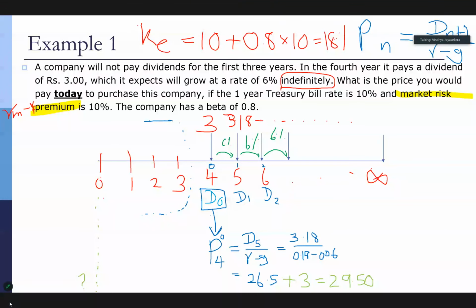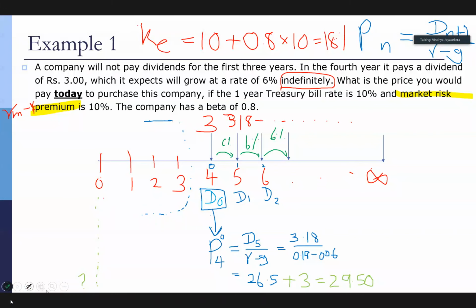In year 4, in 2028, if nothing else has changed in this company, the share is going to be worth 29.5 rupees. Today, how much is this share worth? What should you do? For 4 years, exactly. You have to discount the value in year 4 for 4 years.